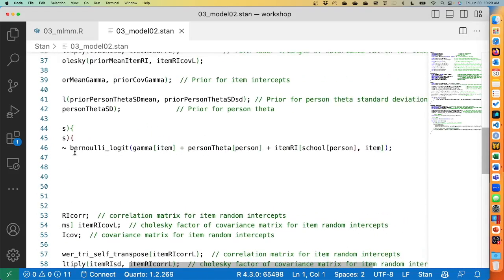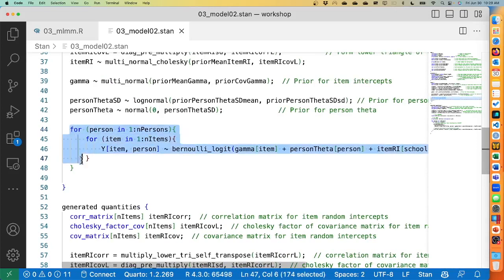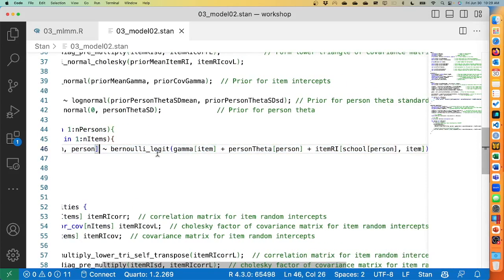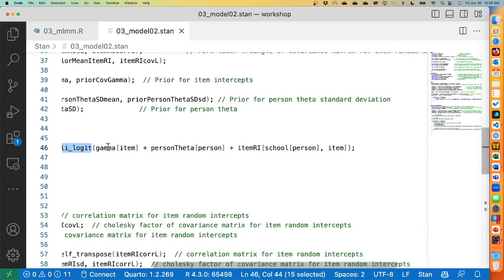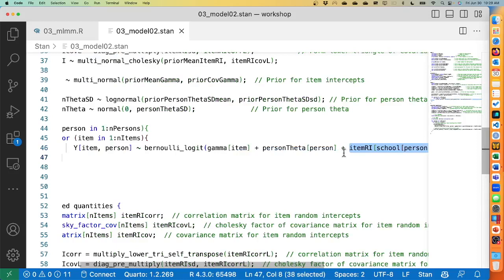In this model line, we have, again, the loop across items and persons. Each observed item now follows a Bernoulli logit. We have a fixed intercept. Here's our item random intercept for school. And finally, we have our person theta.